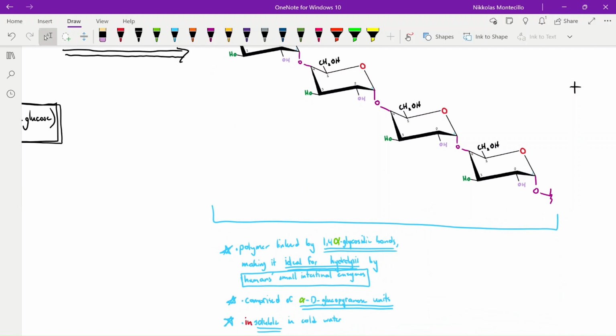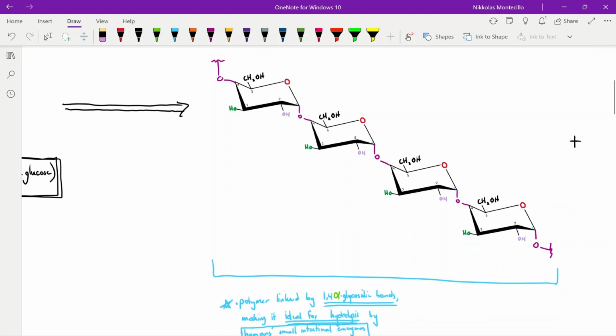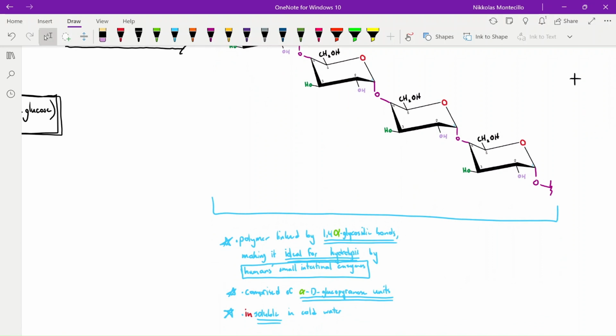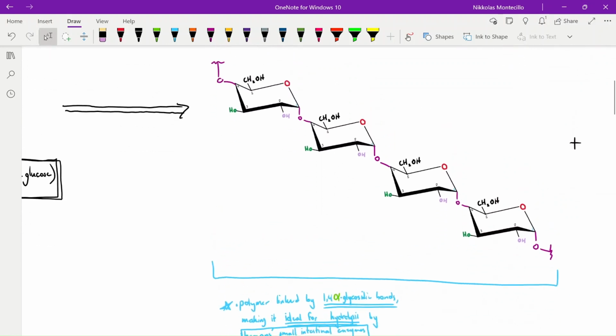Amylose is comprised of alpha-D-glucopyranose units, indicated by the alpha configuration, where the substituent for carbon 5 and the substituent for carbon 1 are on opposite sides of the ring, and this chain repeats. One key trait of amylose is that it's insoluble in cold water.